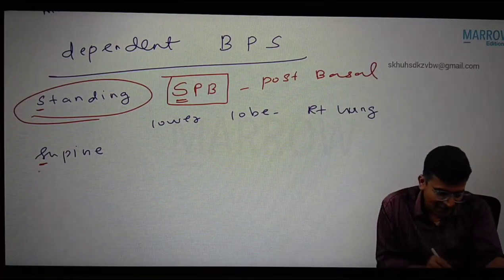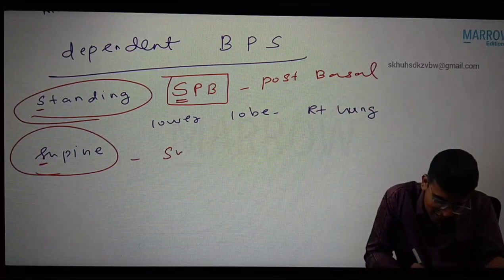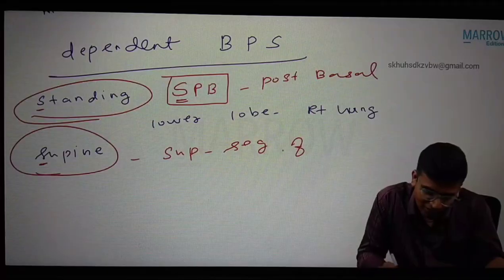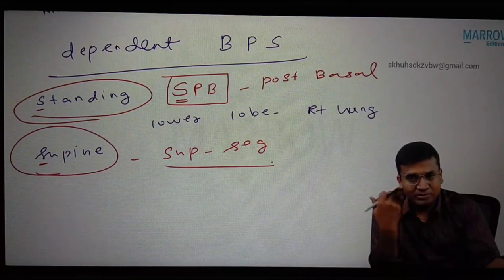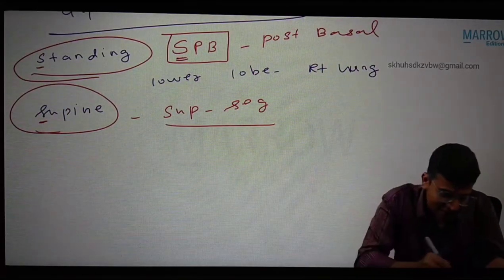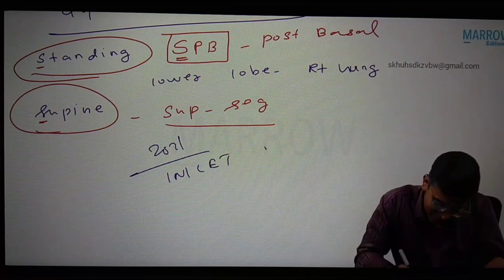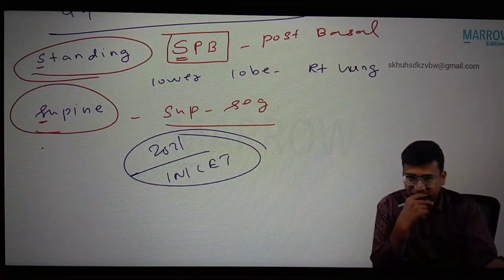Clear? Right. The dependent bronchopulmonary segment in the supine position is the superior segment of the lower lobe of right lung. That's the dependent bronchopulmonary segment in supine position. And this question we got in the 2021 November INICET exam.